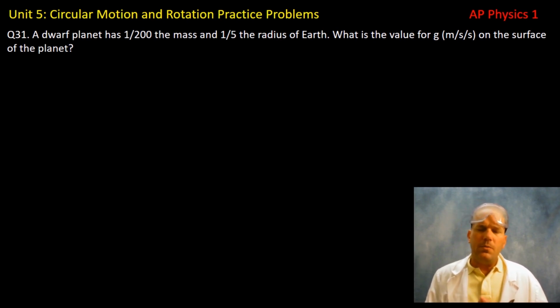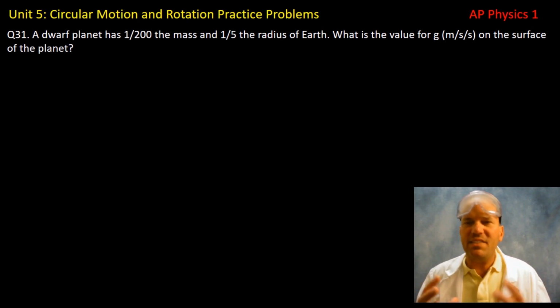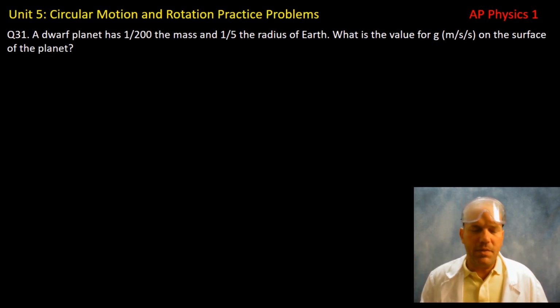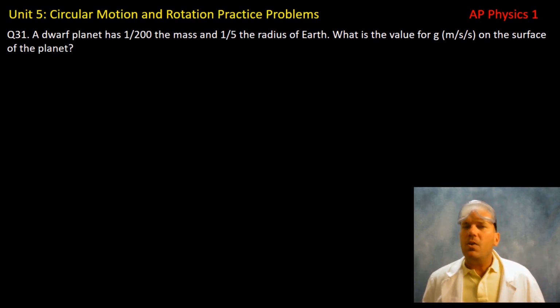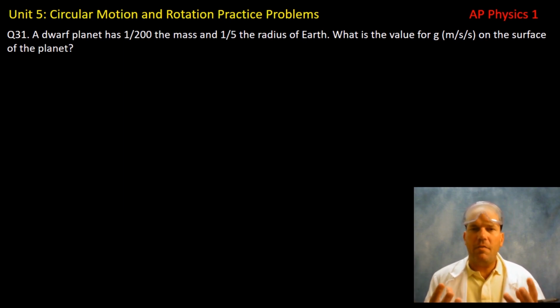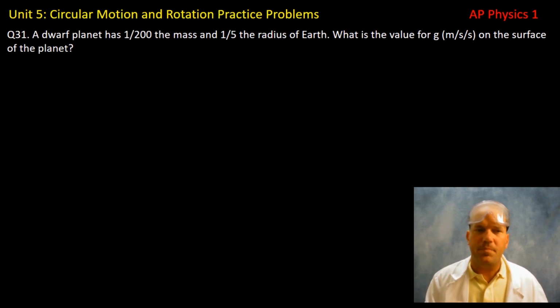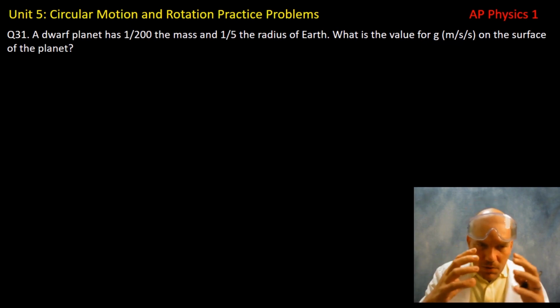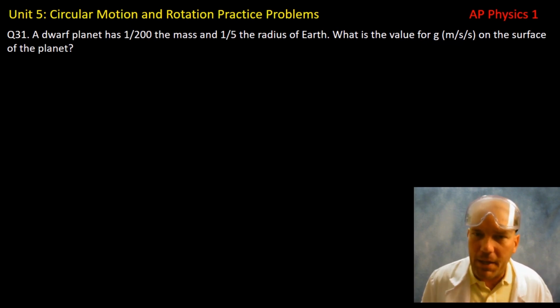Okay, so we're being asked about the value of little g, which in class I've said is meters per second squared, acceleration due to gravity, and also the gravitational field, which is expressed as newtons per kilogram. That's the gravitational field strength. So we're asked about an object essentially close to or on the surface of this dwarf planet.